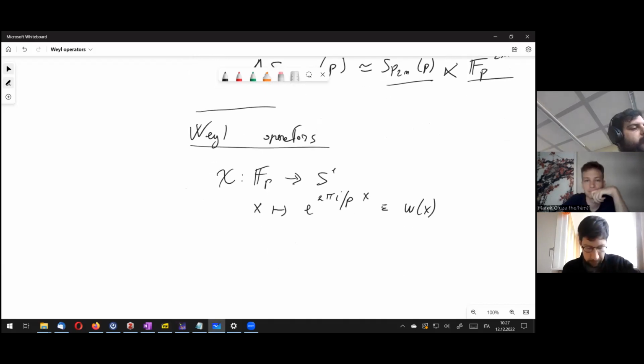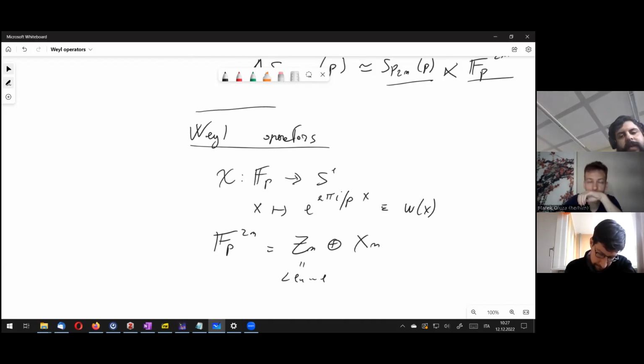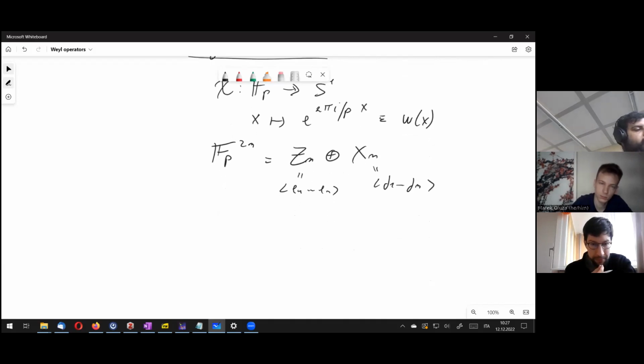Then we consider the polarization of the discrete phase space, written as Z n plus X n, where Z n is basically the span of E1 through En, and X n is the span of F1 through Fn. And then we define these Weyl operators, W of z, x, t.